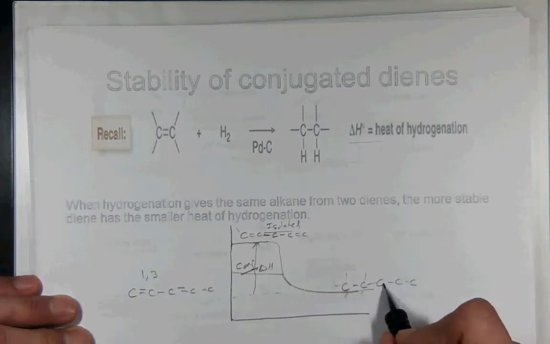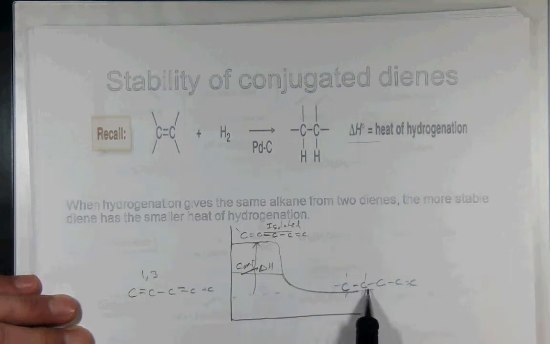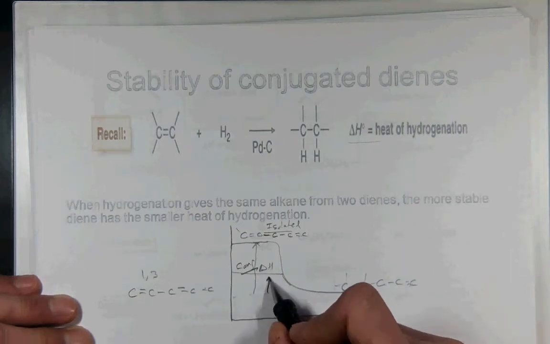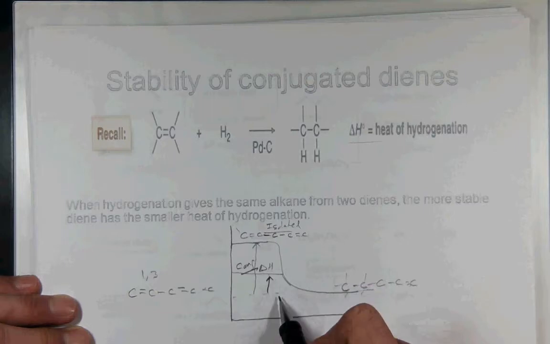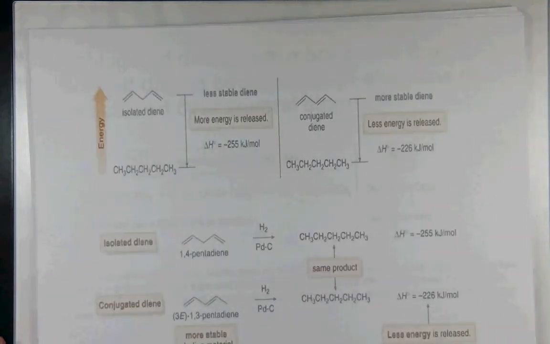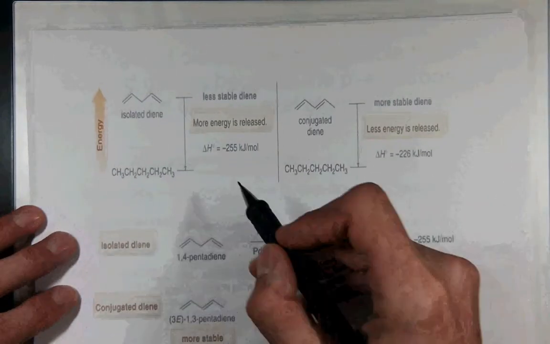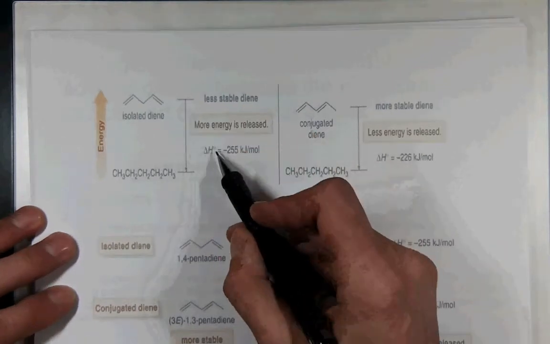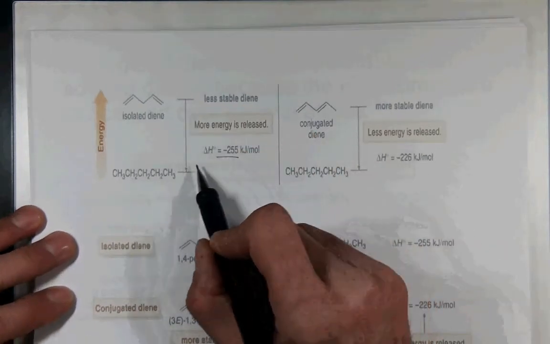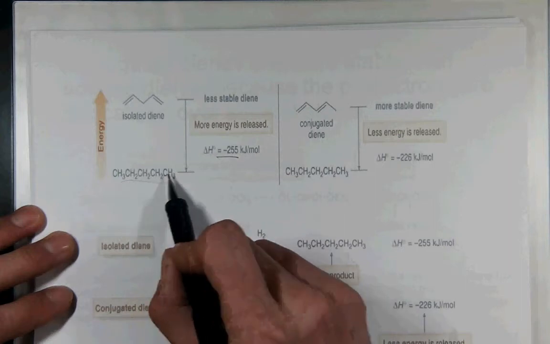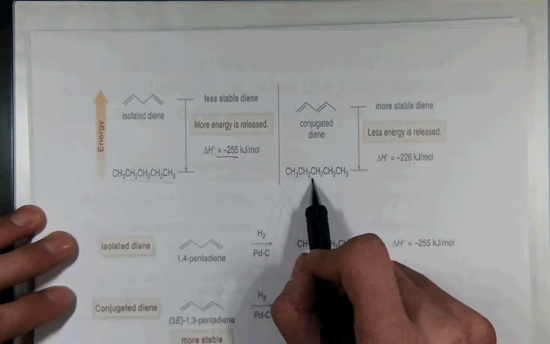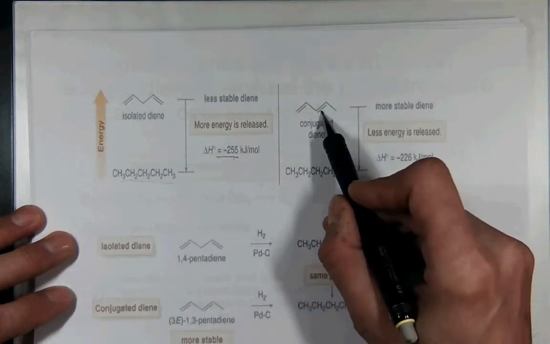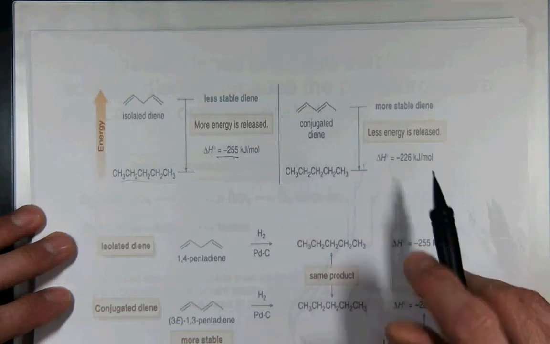So they end up in the same place, but this has a lower heat of hydrogenation, so it's more stable. The isolated diene and the conjugated both end up with pentane. The conjugated is more stable.